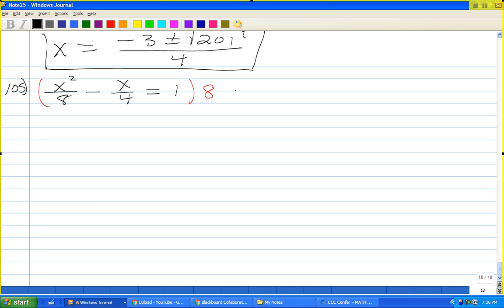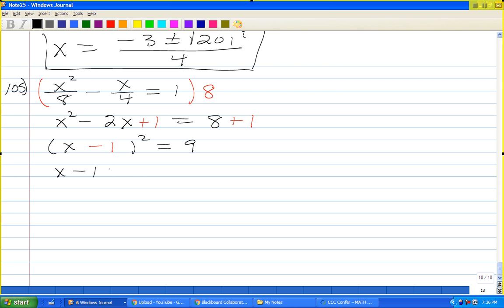And so the 8's cancel. 8 divided by 4 is 2. That works out nicely. So let me complete the square. Negative 2 divided by 2 is a negative 1, squared is 1. 8 plus 1 is 9.